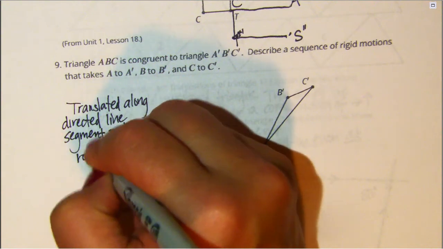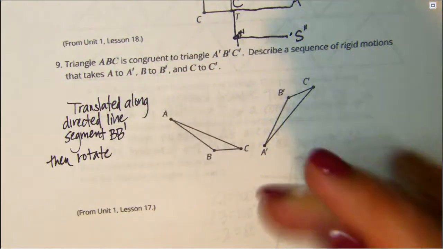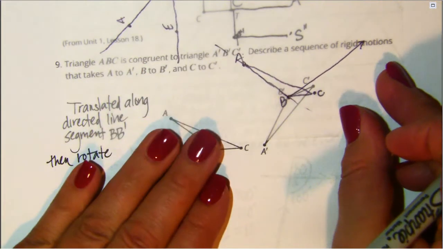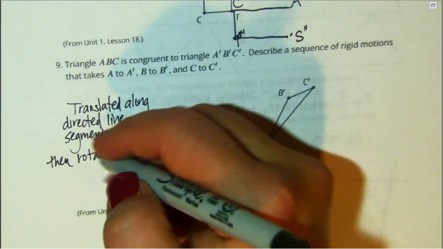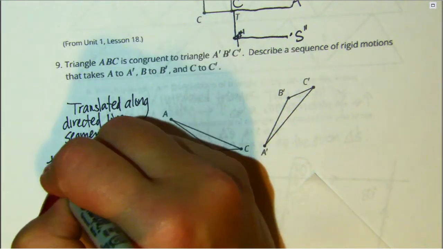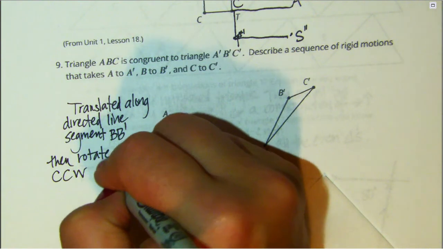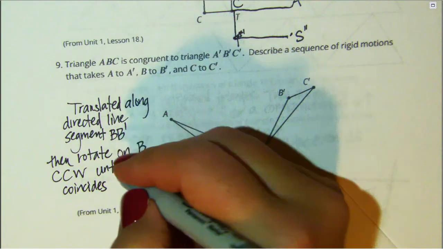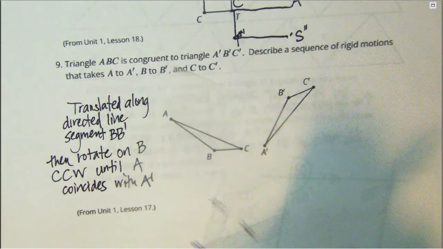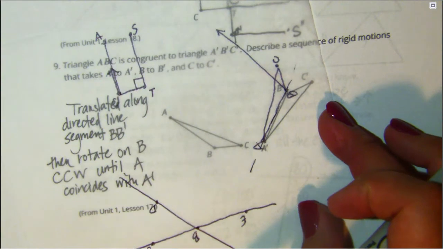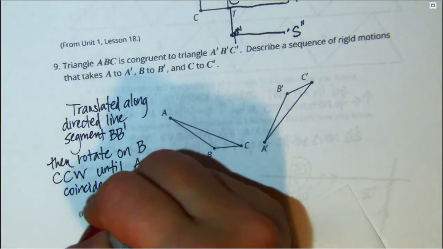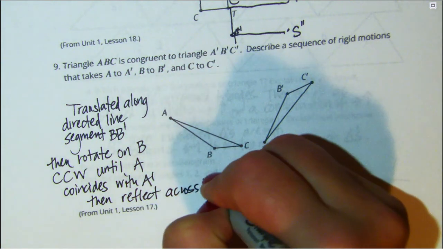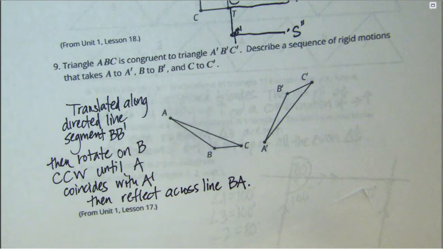Then I rotated on B counterclockwise until A coincides with A prime, and then reflect across BA. You could call it segment or line.